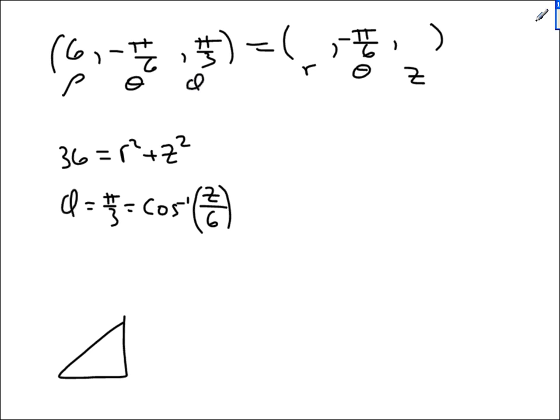The cosine of 60 degrees is 1 over 2. I mean, square root of 3 over 2. I didn't mean to say that. This implies that z over 6 is the square root of 3 over 2. Multiplying both sides by 6, z is 3 square root of 3.